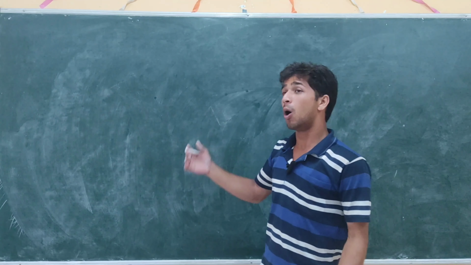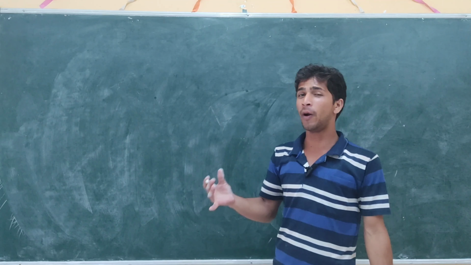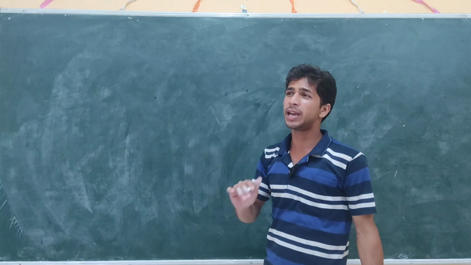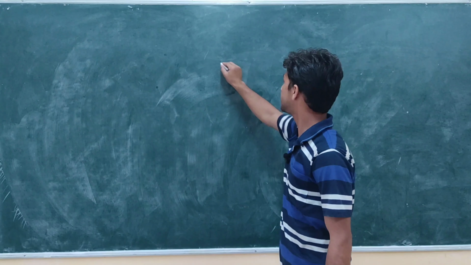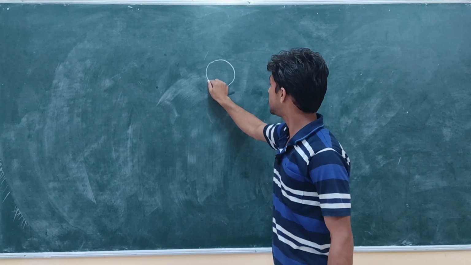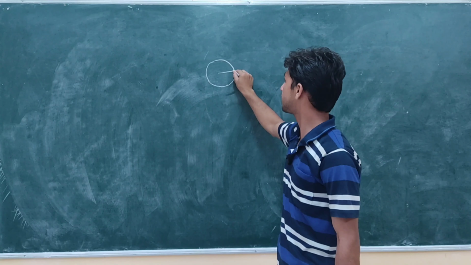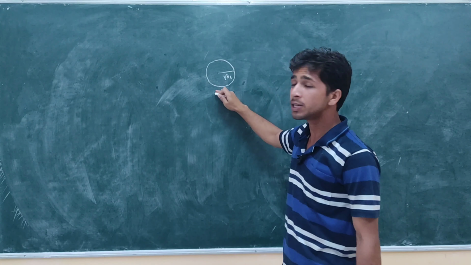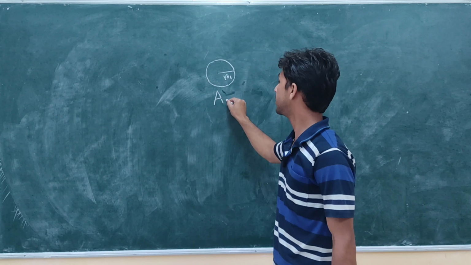So let's calculate what amount of Coulomb potential two nuclei feel when they come close together. To do that calculation, we make two assumptions. The first assumption is that a nucleus is a spherically symmetric object. As it is spherically symmetric, we can define a radius for this sphere given by small r1. So this nucleus having radius r1 has mass number A1.